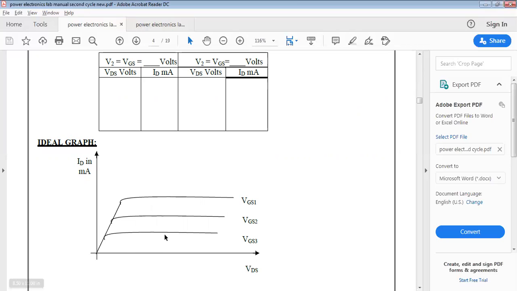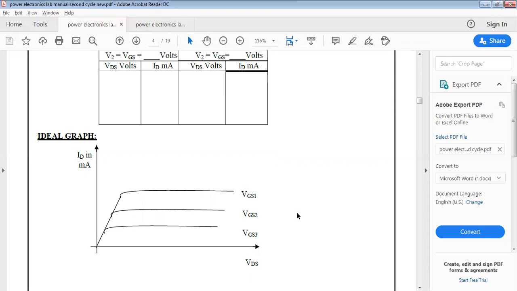The same thing is applicable for different values of gate voltage, VGS3, VGS2, VGS1, where VGS2 is more than VGS3 and VGS1 is more than VGS2. You can see that the current at which the drain current reaches saturation becomes higher as you increase the gate to source voltage. So this particular graph is called the drain characteristics or the output characteristics.